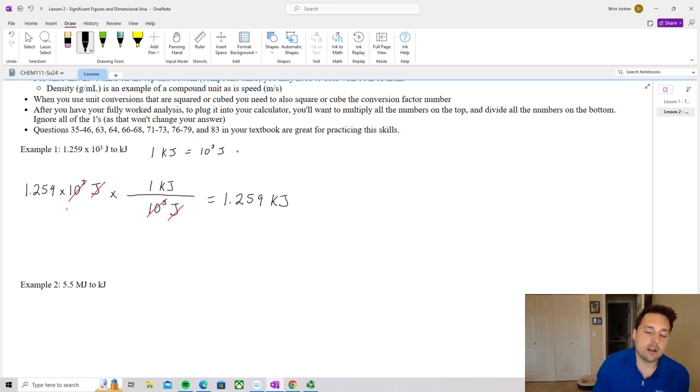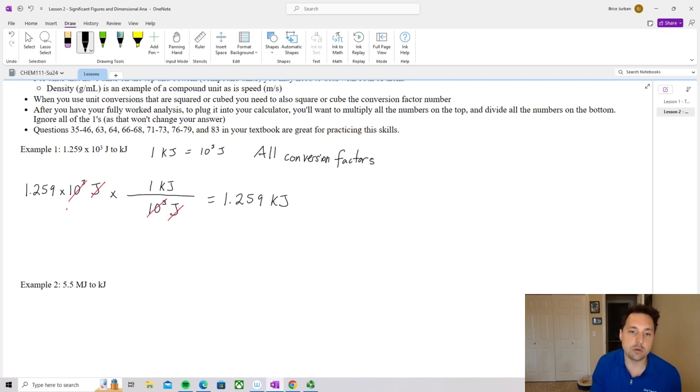One thing to make note of is that all conversion factors are equivalent to 1. And anytime that we're doing dimensional analysis, essentially all we're doing is multiplying through by 1 in a fancy way. And this results in no change to the value that we're working with. We're just changing the units.